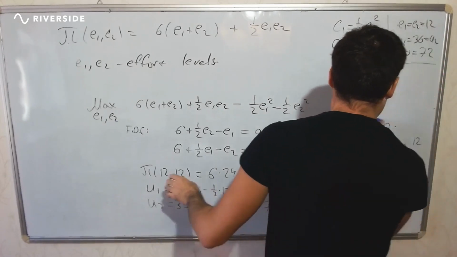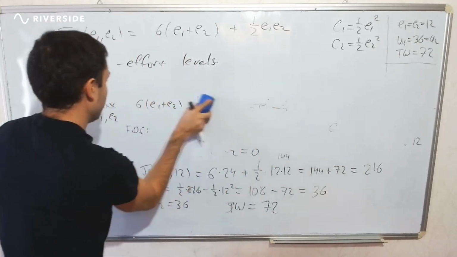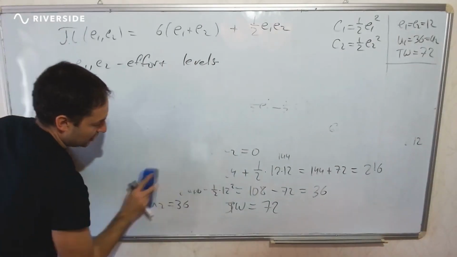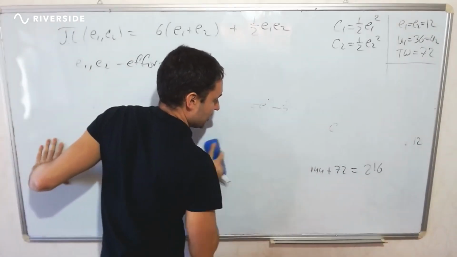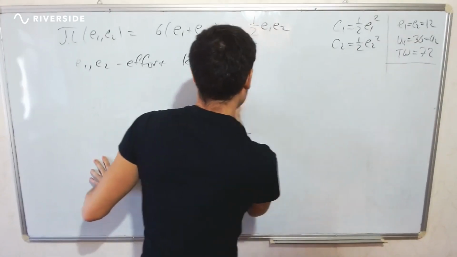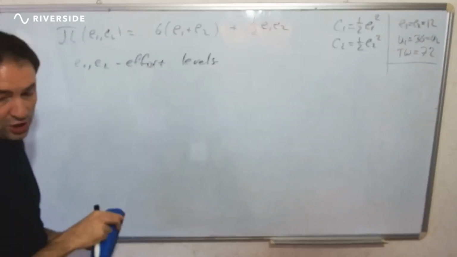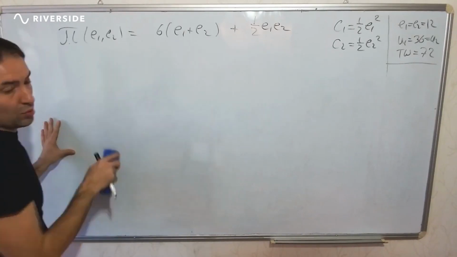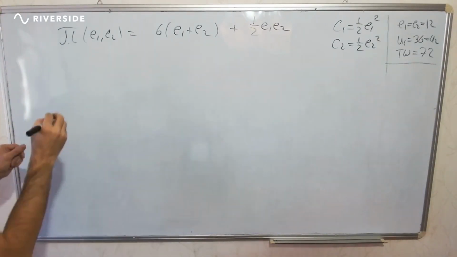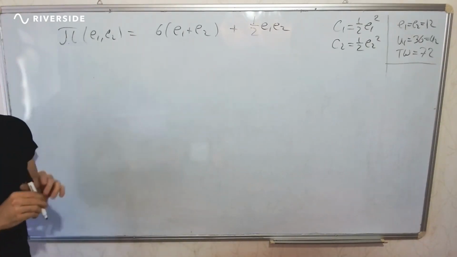All right. Now let's actually solve the game theoretic problem where both agents act in their best interest, and the solution concept that we use is a Nash equilibrium. So we need to set up the payoff of the first player.